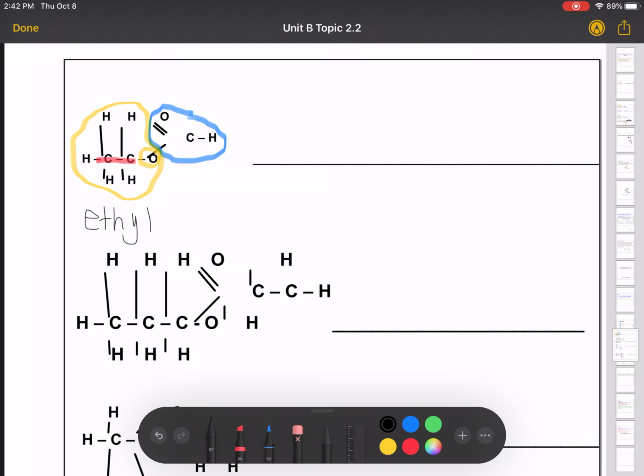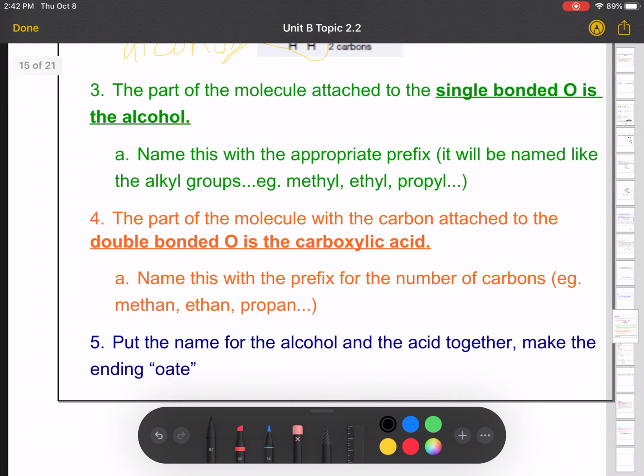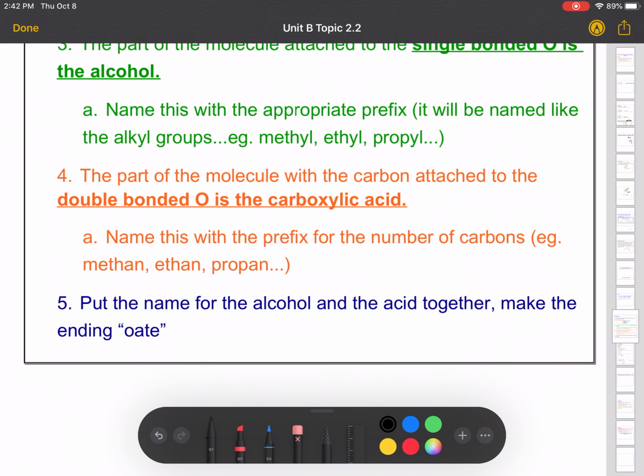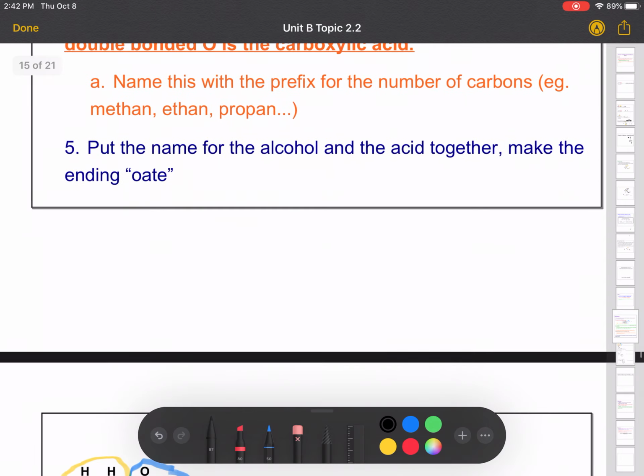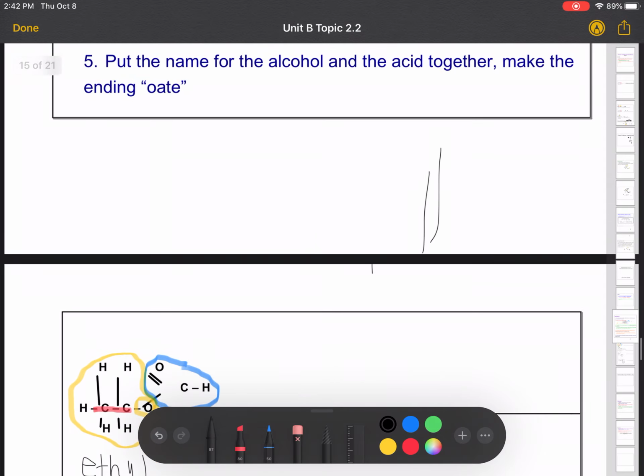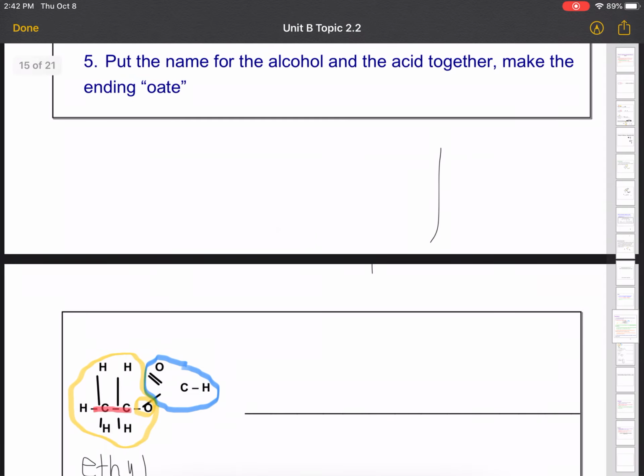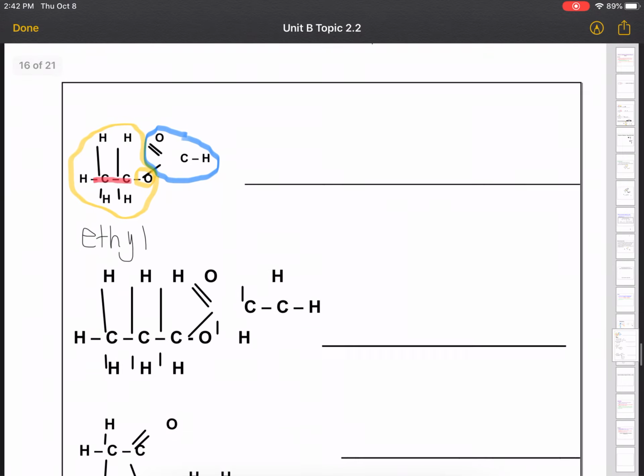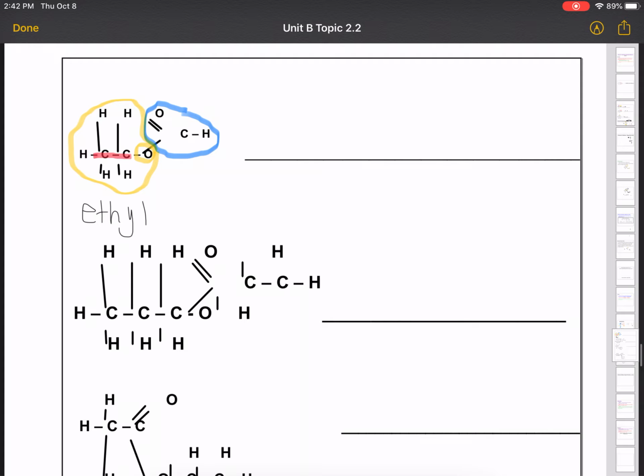All right. And then the other part is our carboxylic acid. If we go back to these rules, it says name this with the prefix for the number of carbons. So instead of naming that how we normally would, we will name it a little bit different.